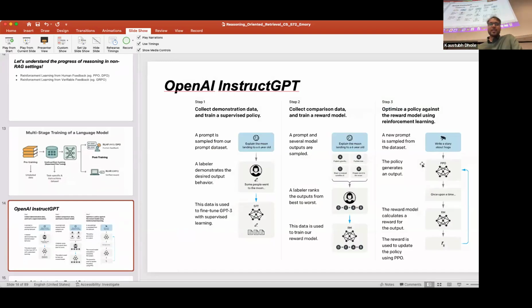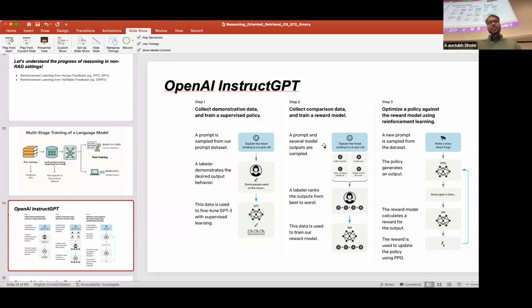The most famous paper, which made this kind of post-training or reinforcement learning-based fine-tuning really popular, was OpenAI's InstructGPT, and it had basically three stages. The first stage collected the demonstration data, or the instruction fine-tuning data, and then they trained a supervised fine-tuned model. So basically, this is converting a pre-trained model into a supervised fine-tuned model.